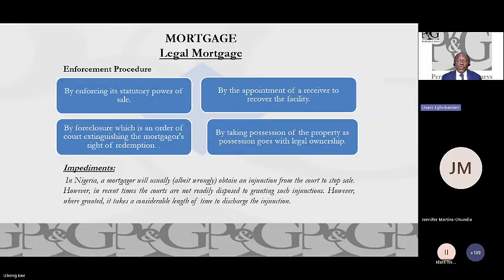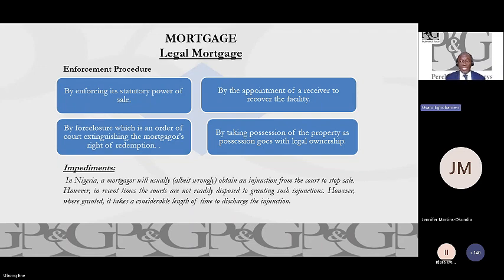Of course, you can also decide to foreclose, and foreclosure simply means that the equity in the property is extinguished. Usually that means that the loan, the outstanding obligation, supersedes the value of the property. So once you sell, the borrower is still indebted. So there's no question of him having any interest in the property.